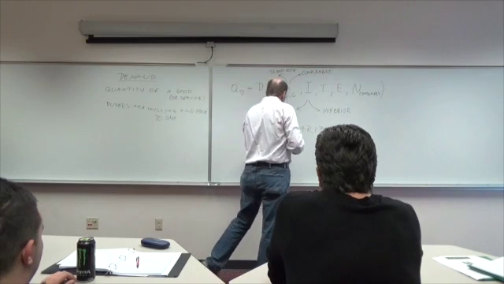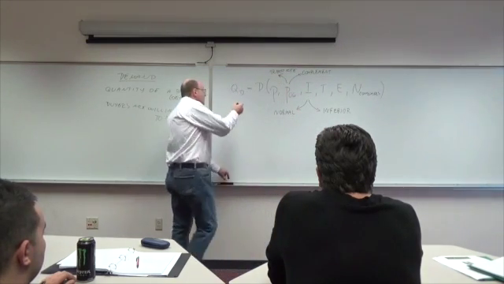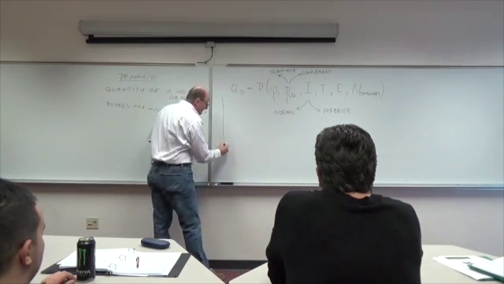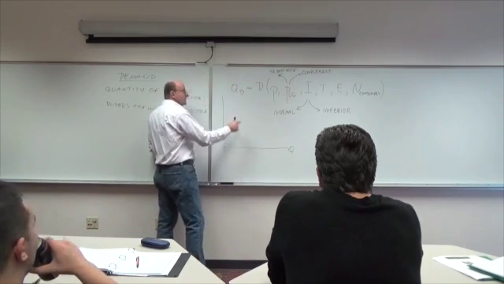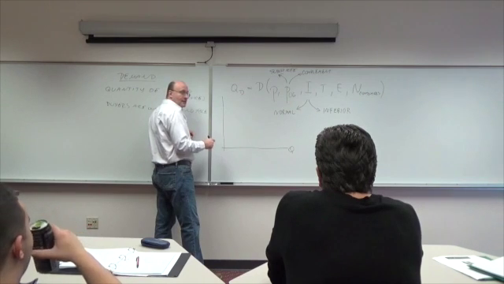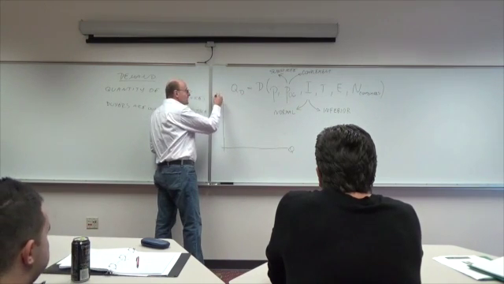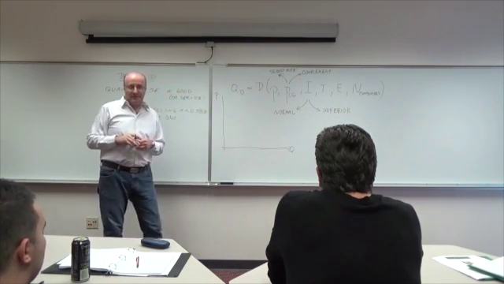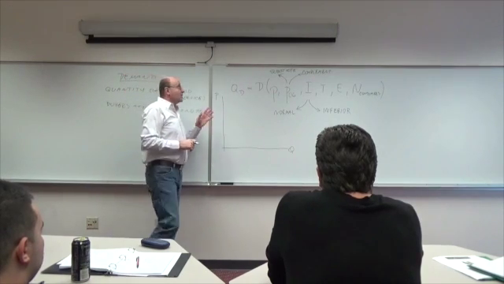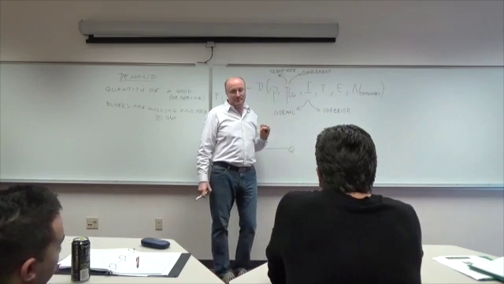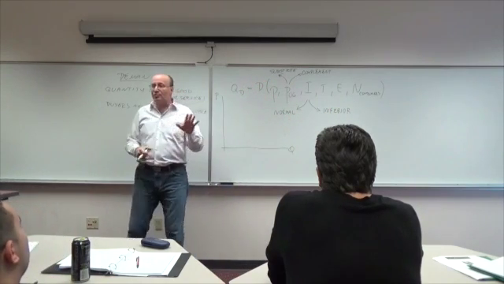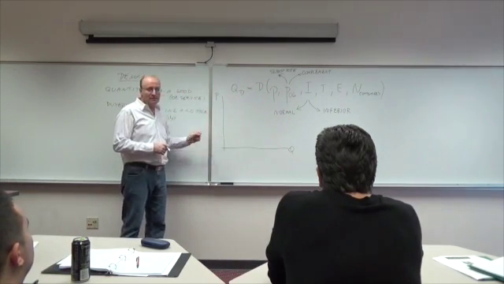So, we will graph demand as the quantity of the good demanded depending on the price of the good. Okay? Assuming all the other variables are constant.